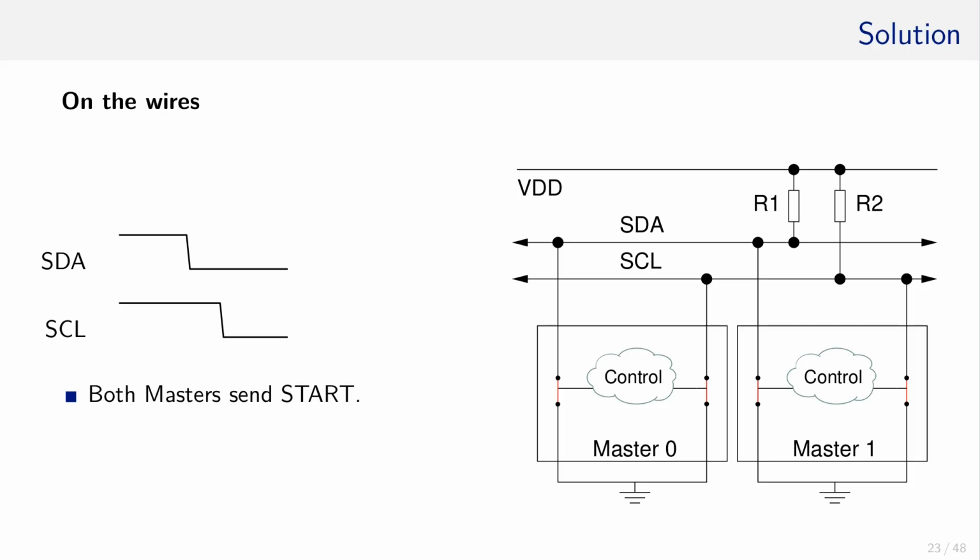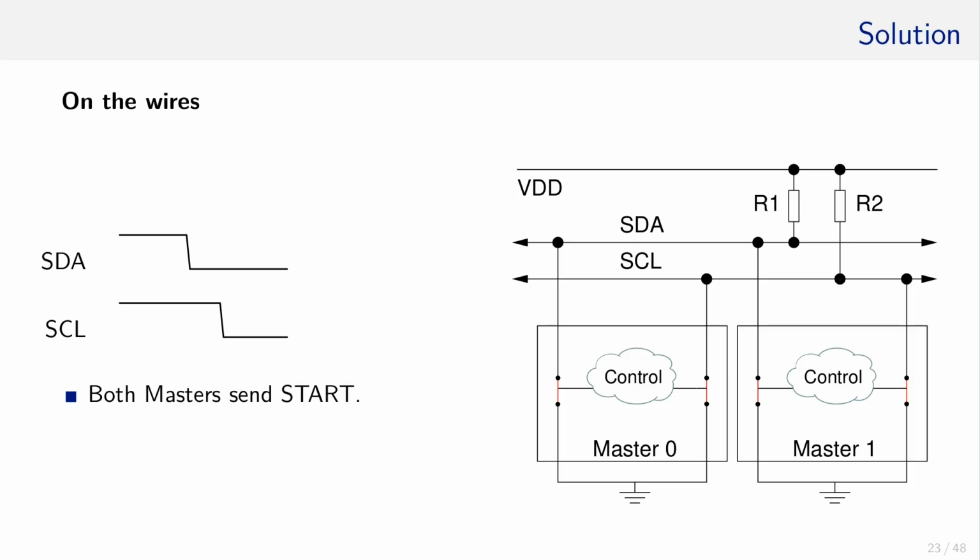Imagine both masters send the start signal, so both close the SDA switch first, followed by connecting SCL to the ground. The values on SDA and SCL will be the same, no matter how many times they are connected to the ground, through 1 or 2 or a million masters.